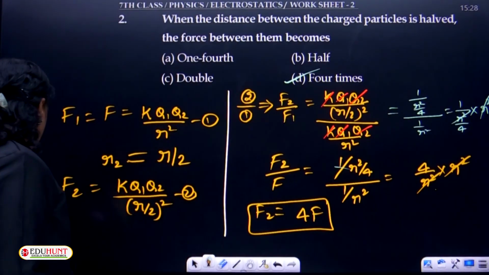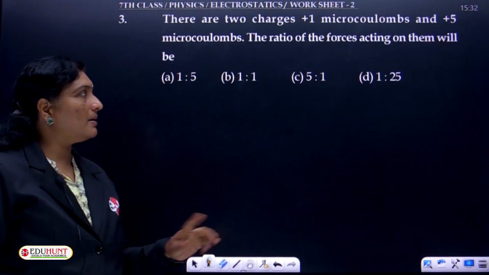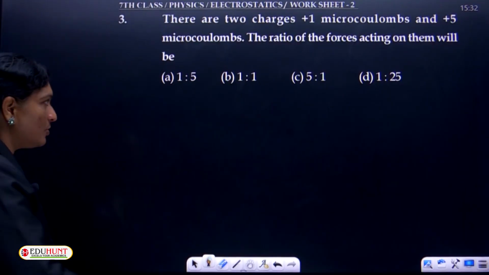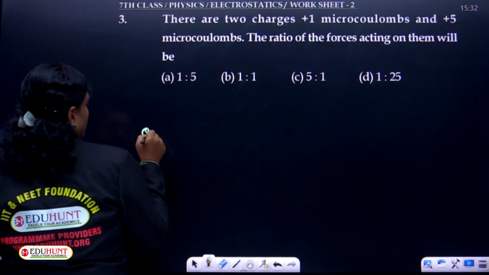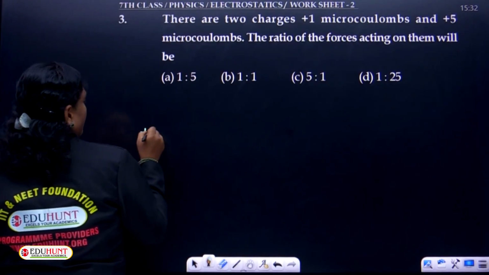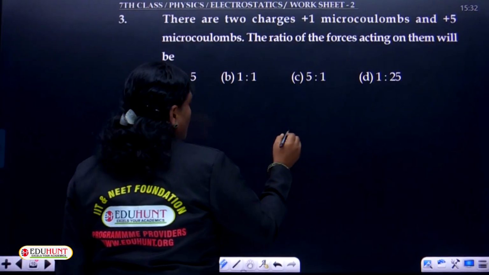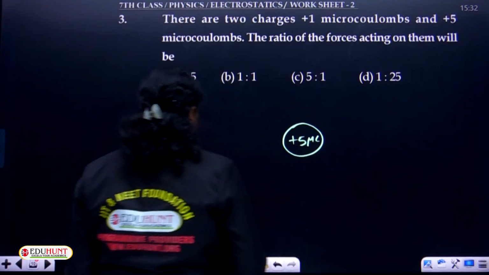Now moving to the next question. There are two charges, 1 microcoulomb and 5 microcoulombs. The ratio of the forces acting on them: this is a mutual force of attraction. One charge is given and is taken as plus 1 microcoulomb. Another charge is also there, whose value is given as 5 microcoulomb.